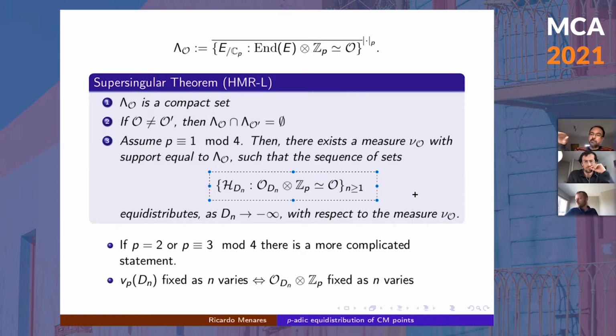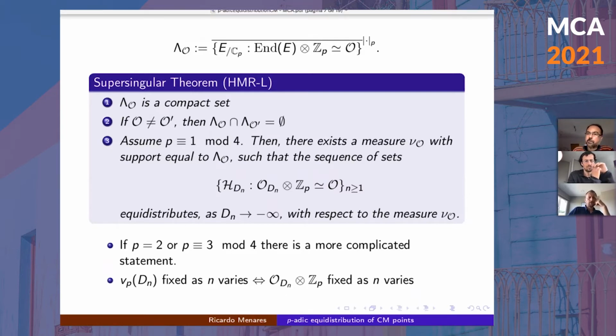So fixing the completion at P of the order is the same as fixing the valuation at P of the discriminant. Okay, so that's the situation in the p-adic setting.